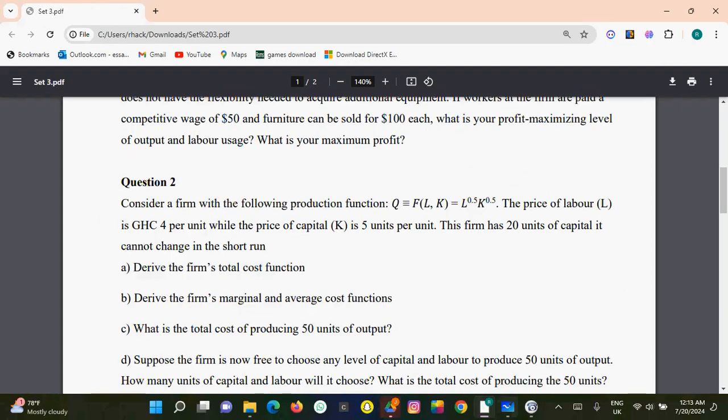Right, so then the C part is asking, what is the total cost of producing 50 units?